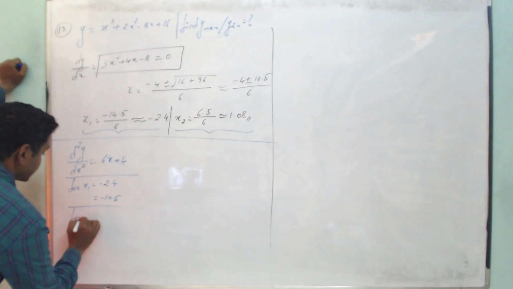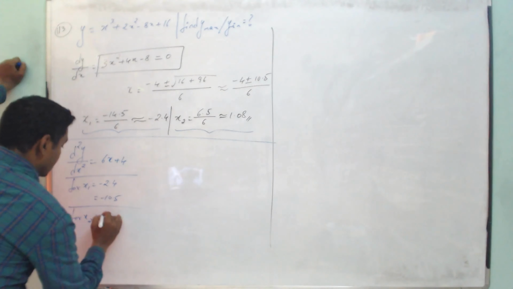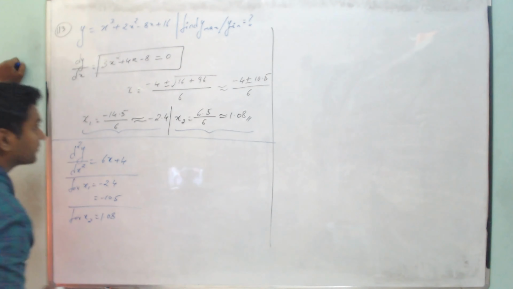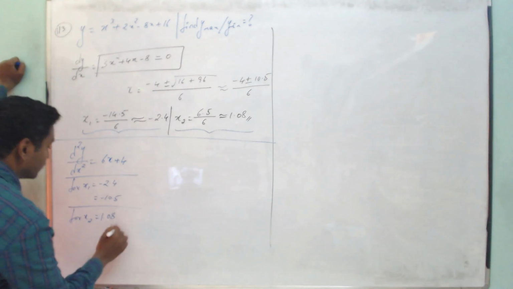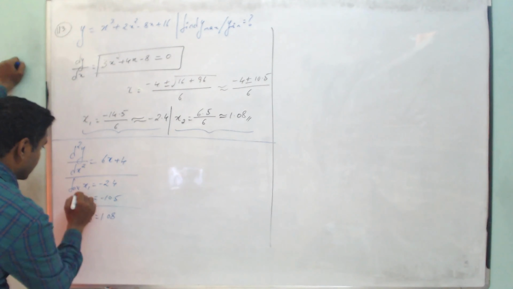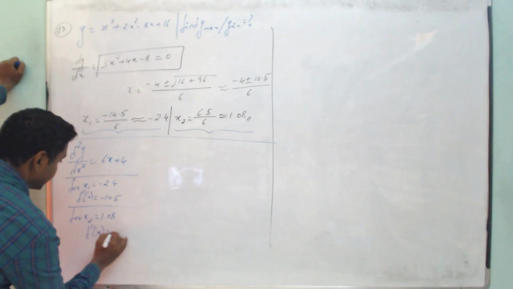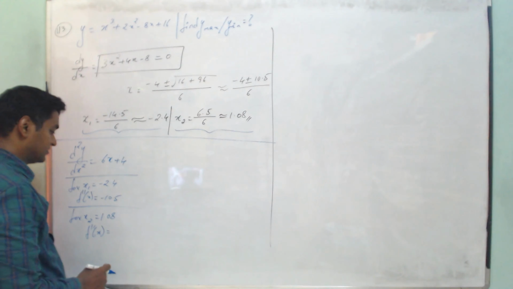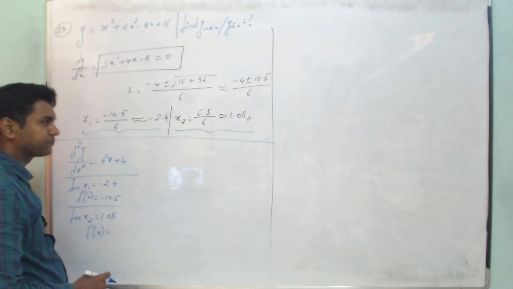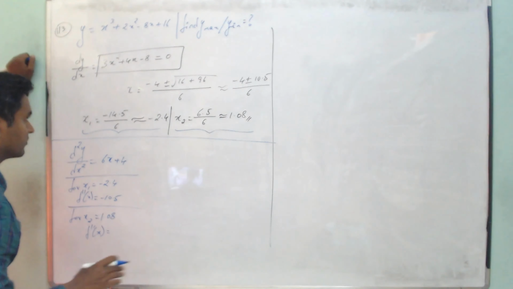And for x2 equal to 1.08, I substitute it in this f double dash of x. 1.08 into 6 is 6.5, plus 4 is 10.5.